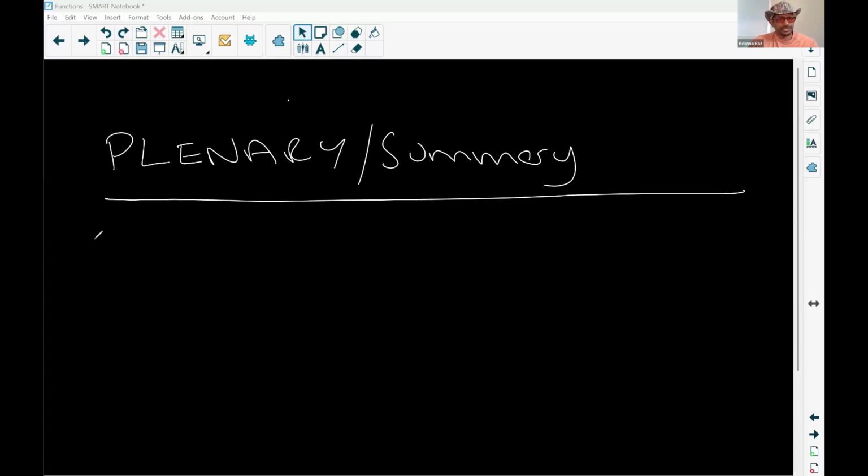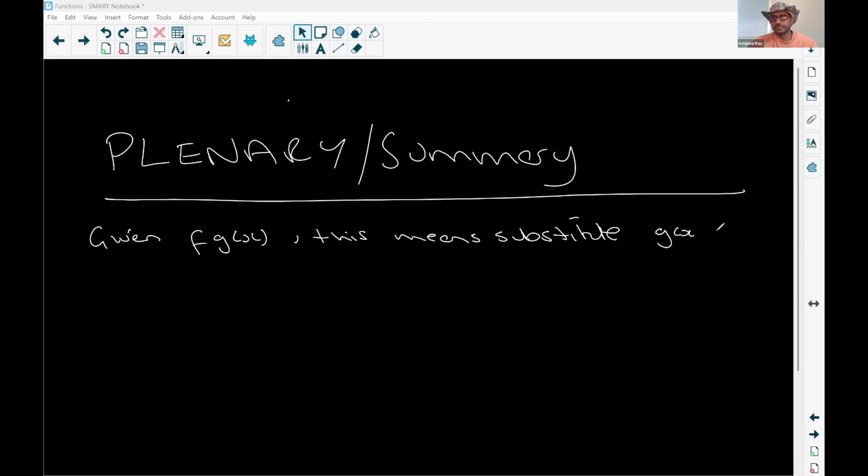So if we're given f(g(x)), this means f of g of x. This means substitute g into f.